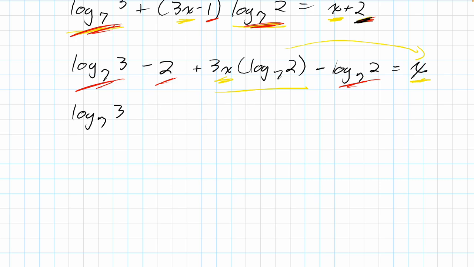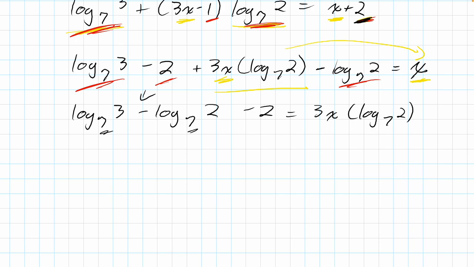I'm going to move these side by side, and if you notice, these are two logs with the same base that have subtraction, so we can use a rule for that. Exactly. And then over on this side here, we're still left with 3x, got that nasty little log attached to it, and then plus x.